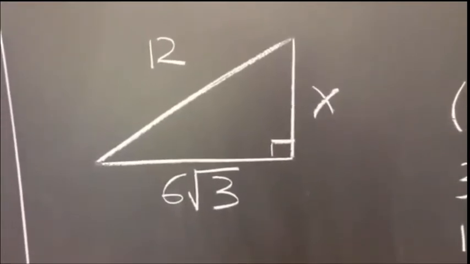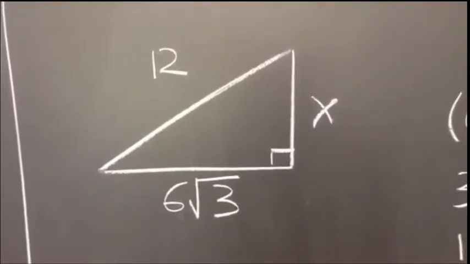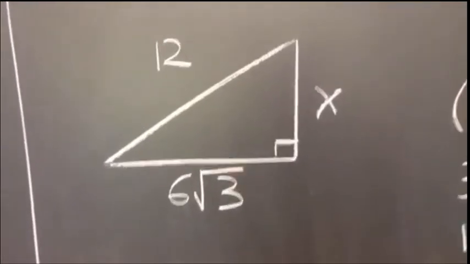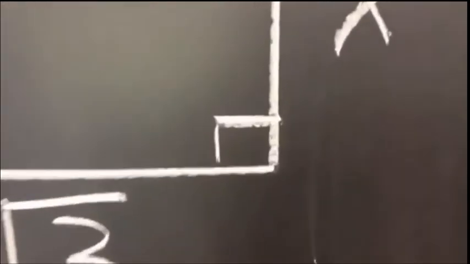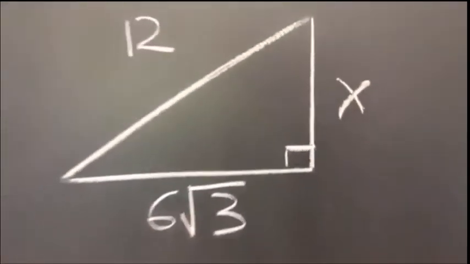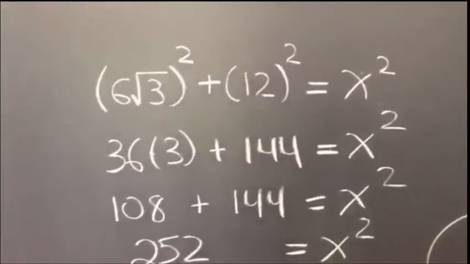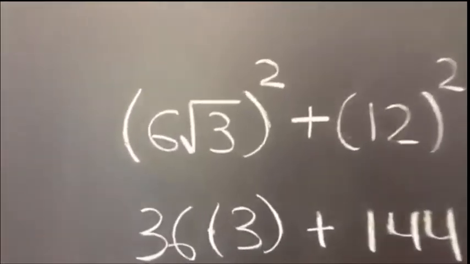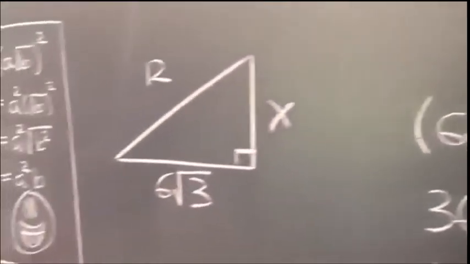Let's say I have a pretend student named David, and I say, okay, David, here's a triangle. Find the missing side. So David looks and he says, well, it's a right triangle, so it has to obey the Pythagorean theorem. And so that means David sets up the following equation. He says 6 square roots of 3 squared plus 12 squared equals x squared, which is the unknown side.